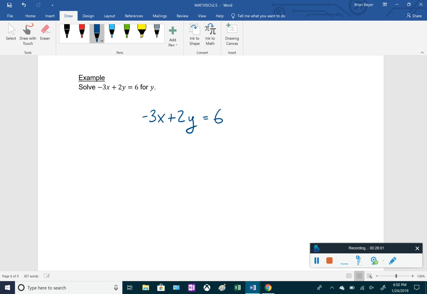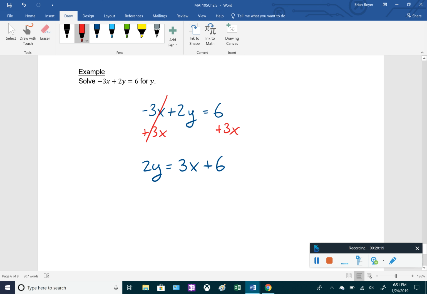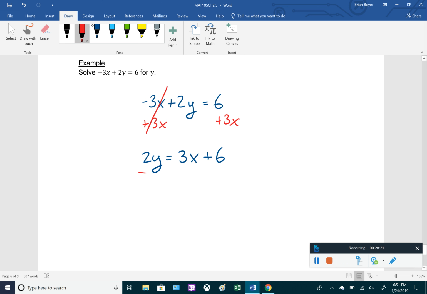So we're solving this for y, so let's add 3x to both sides. So we get 2y equals 3x plus 6, or you could have written 6 plus 3x, it doesn't matter. And we just have to divide both sides by 2 to get rid of that 2 multiplying the y.